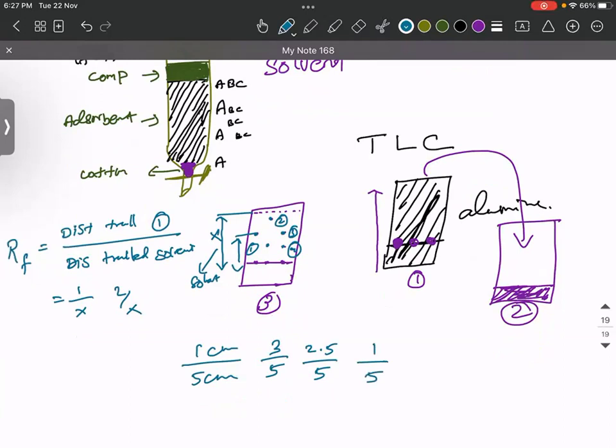So 1 by 5 means what will you get? 0.2. 3 by 5, 0.6. 2.5 by 5, 0.5. Then for this, 0.2. Okay. So whichever has the RF value more, that becomes non-polar. If the RF value is less, it becomes polar. So based on the RF value you can also compare the polarity.